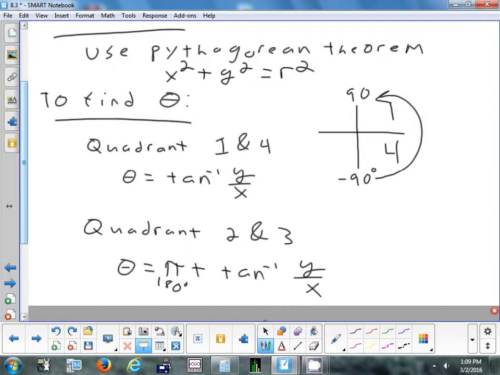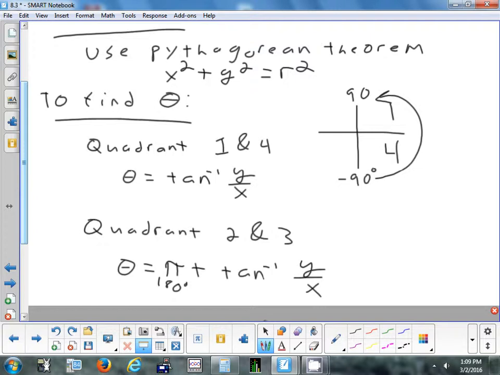So 180 plus inverse tangent of y over x. You only have to do this plus 180 if you're in the second or third quadrant. If you're in the first or fourth, don't worry about doing it. So now you can see why we may have graphed some points to start out. If you're going to convert a point to trig form, you need to know the quadrant it's in.